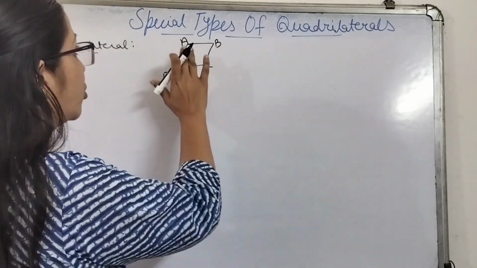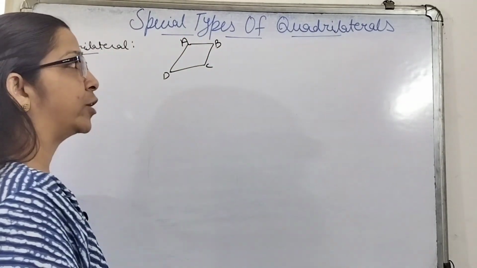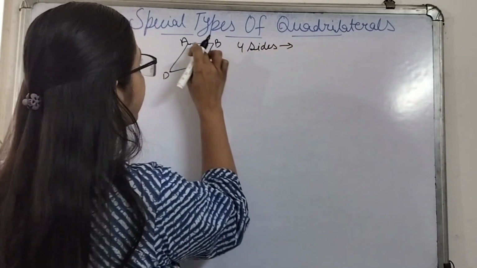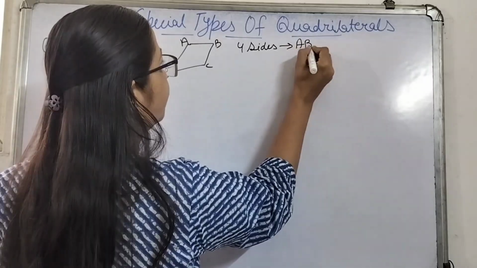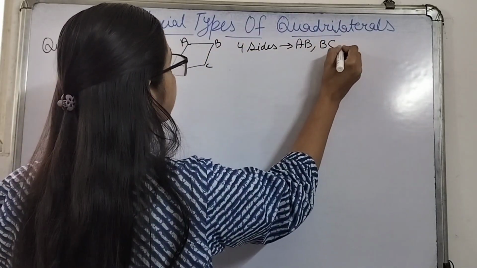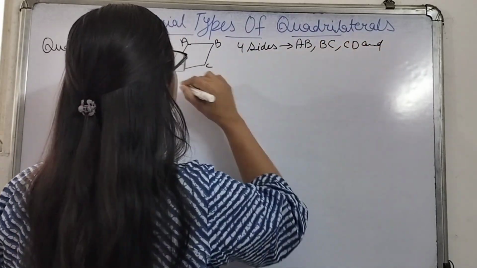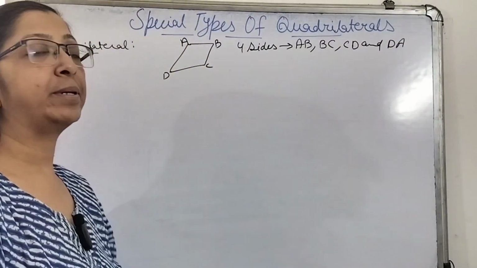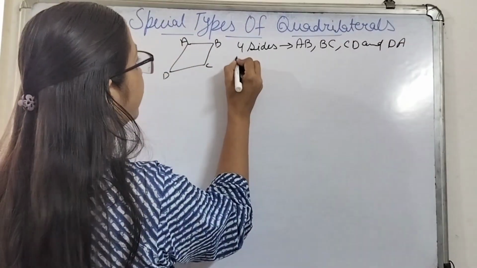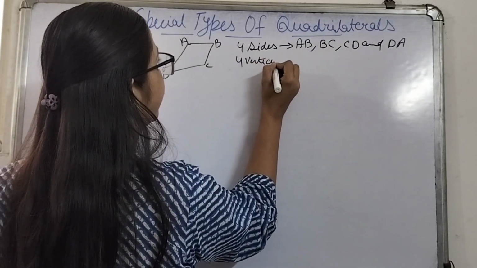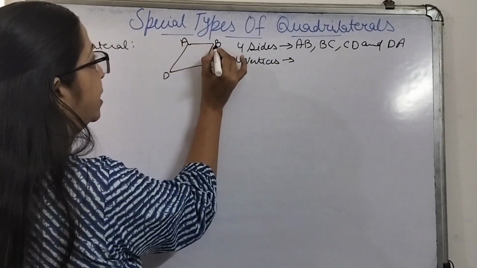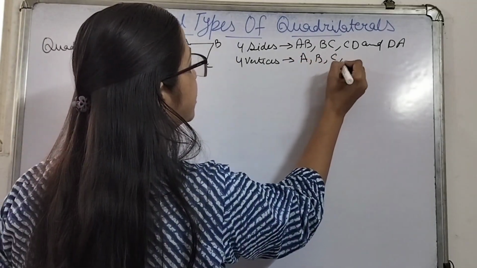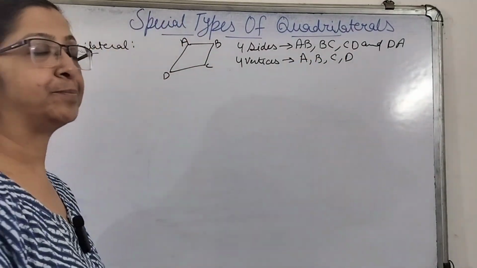The four sides are AB, BC, CD and DA. These are the four sides of quadrilateral ABCD. The four vertices are A, B, C and D.